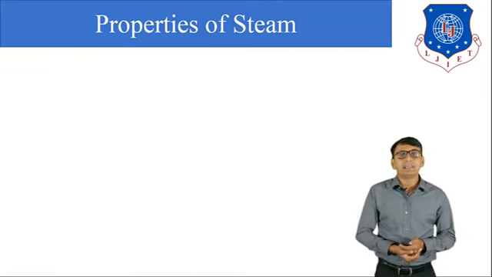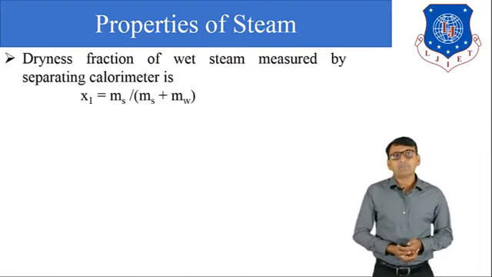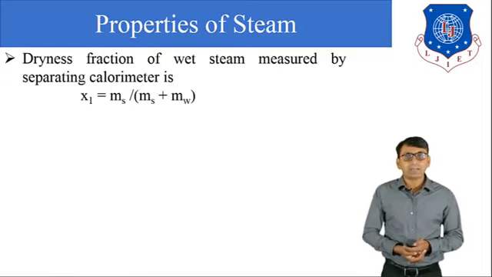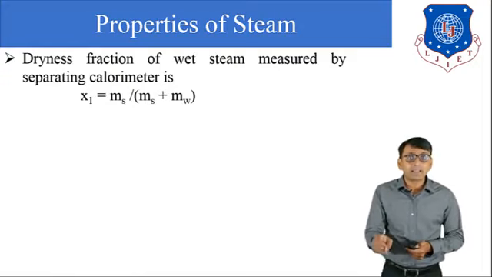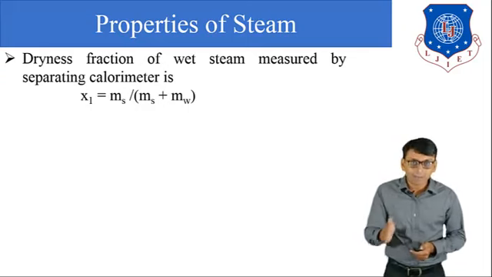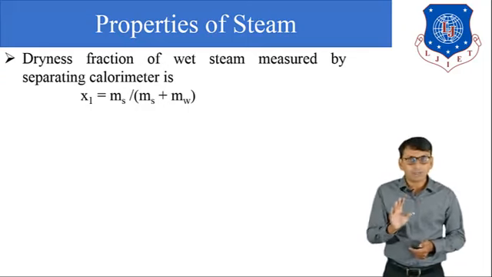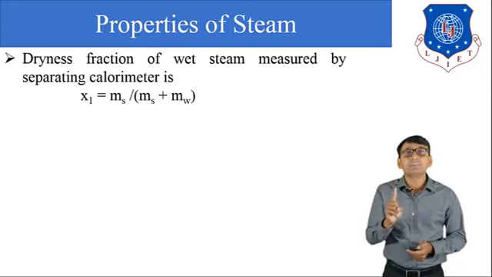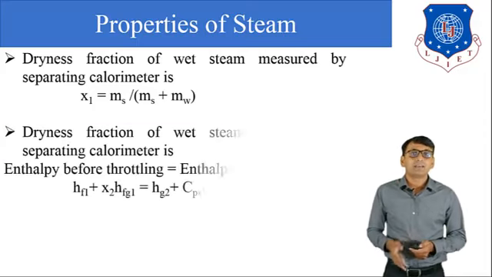Now there is one derivation. The dryness fraction of wet steam measured by the separating calorimeter, we know this formula, is x1 equal to ms divided by ms plus mw, where ms is the mass of steam in the wet steam and mw is the mass of water in the wet steam.